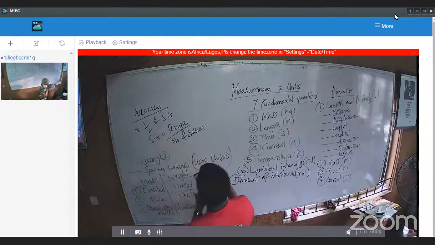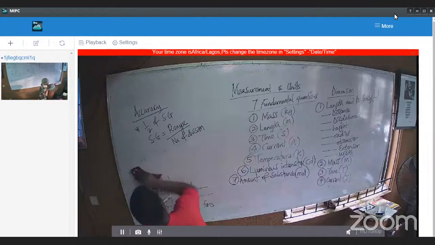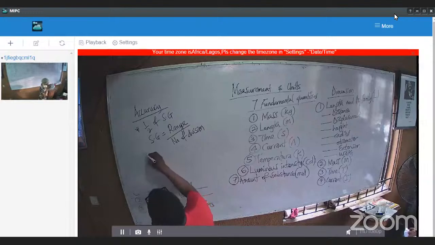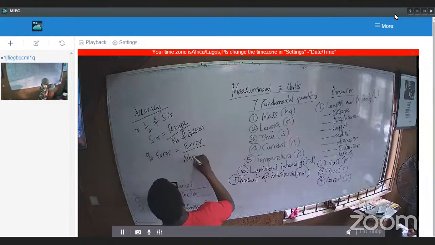SG means smallest graduation. Then in your maths, we are taught percentage error, and that's error over actual value times 100.